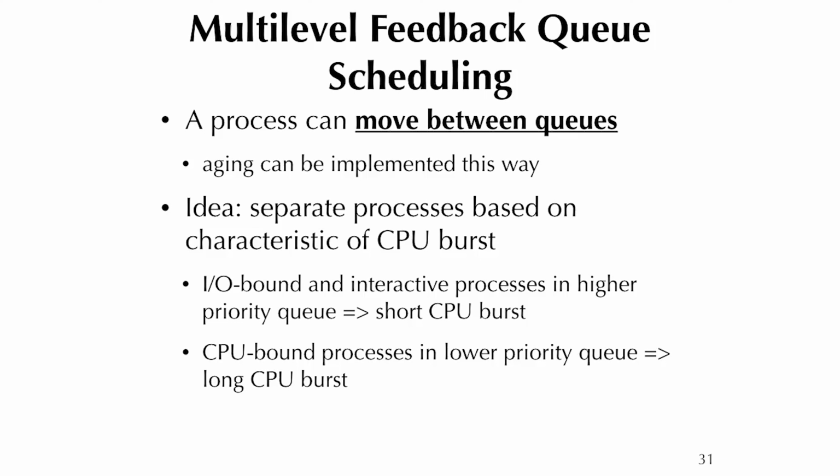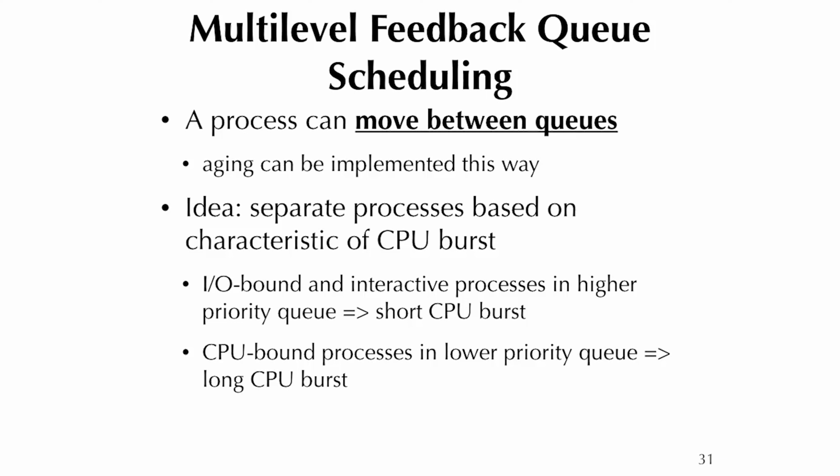And so aging can be implemented this way. This way you separate processes based on characteristics of CPU burst, which is more of a dynamic kind of characteristic. In other words, it could be longer or shorter over time, depending on what you're doing.